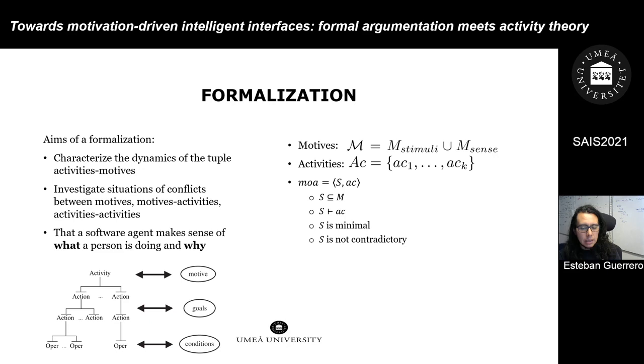In this short paper we only provide one definition of a potential conflict, but in the future we want to work on more types of conflicts between different types of motivations.